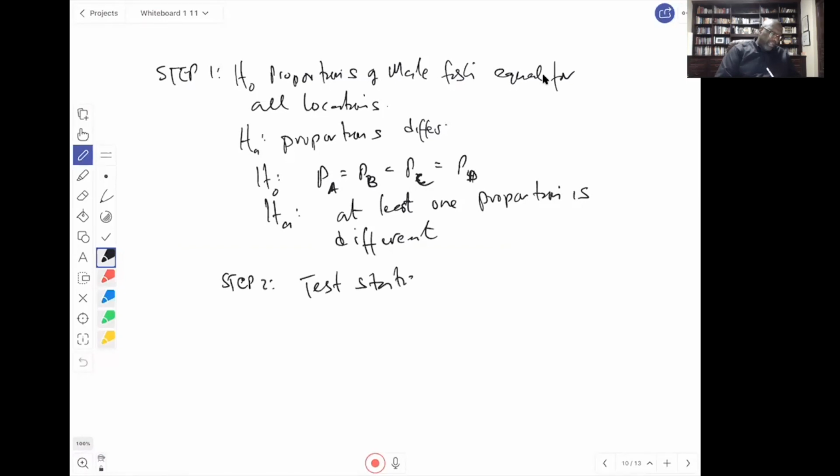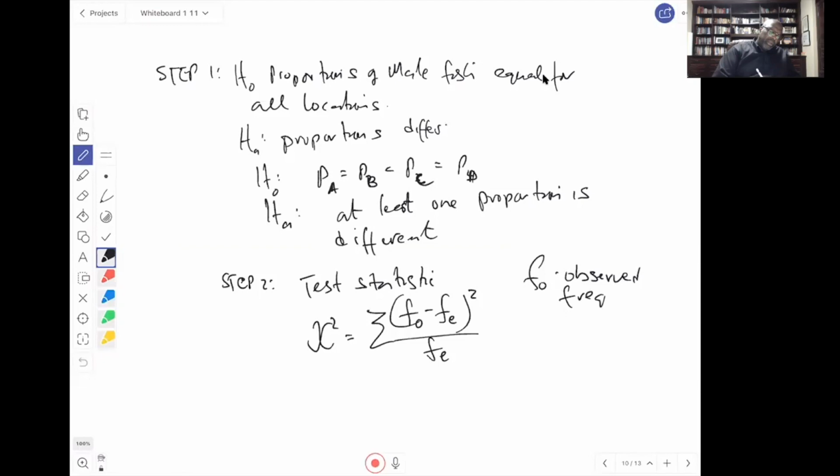test statistic, which is chi-square. Chi-square is FO minus FE, where FE is the expected, squared, divided by FE, and we add it all up. So FO, observed frequency, observed count, FE is the expected.